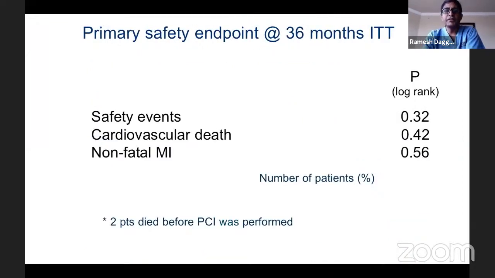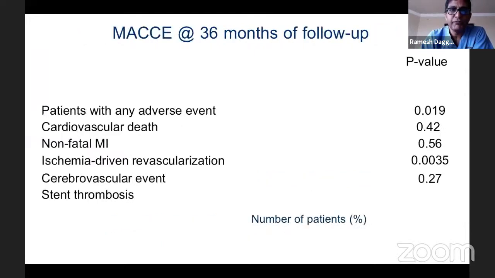And for the safety endpoints, cardiovascular death at 36 months in the PCI arm is 0.42 and non-fatal MI is 0.52. So it is definitely safe to do a PCI. And here again are the numbers for major adverse cardiovascular and cerebrovascular events at 36 months. As you see, any adverse event is slightly higher with PCI, but death and non-fatal MI were not different. And ischemia-driven revascularization was much higher in the optimal medical therapy arm.